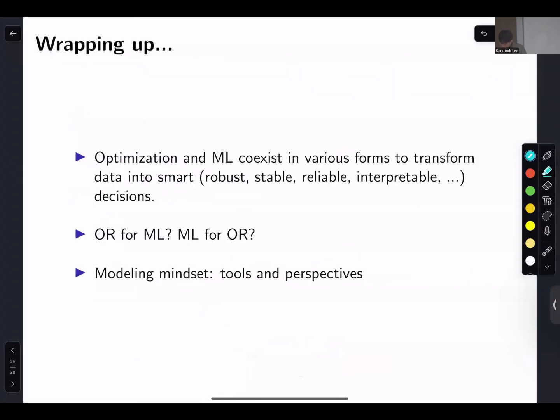Okay. So wrapping up, what I've been trying to tell you is that optimization and machine learning coexist in various forms, right? It could be that ML works for optimization, like the version that you saw, where ML guides the optimization to minimize decision errors, or it could be the other way around.